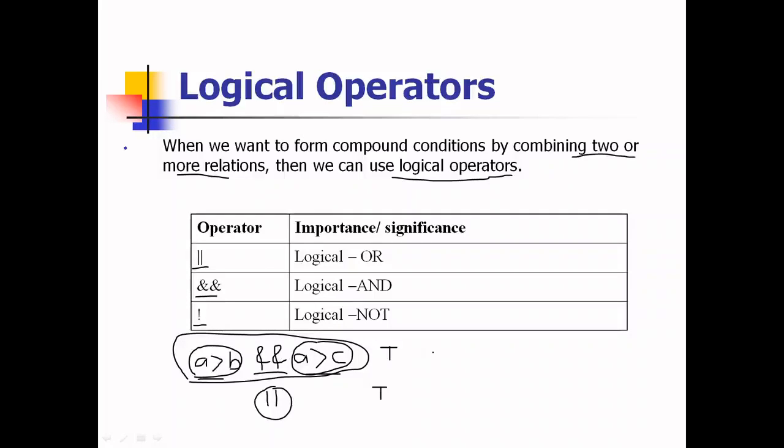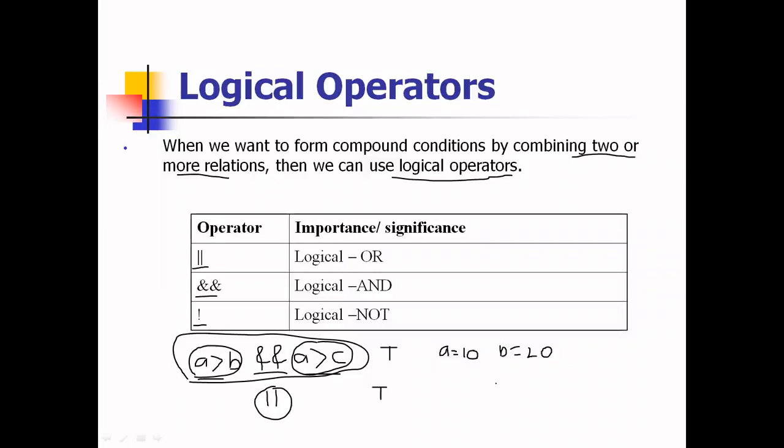For example, say A is equal to the value 10 and B is equal to the value 20.